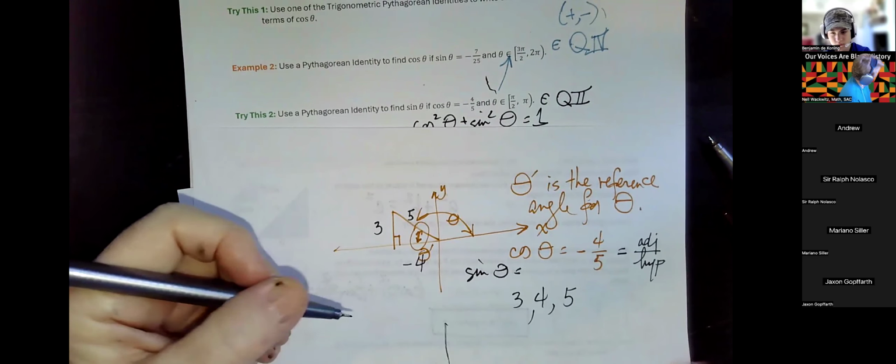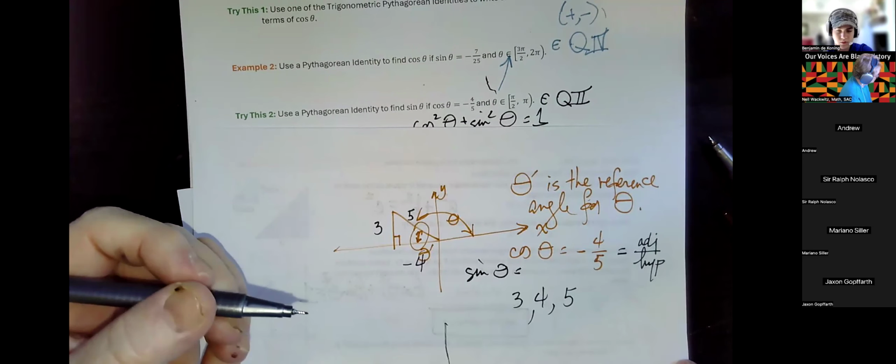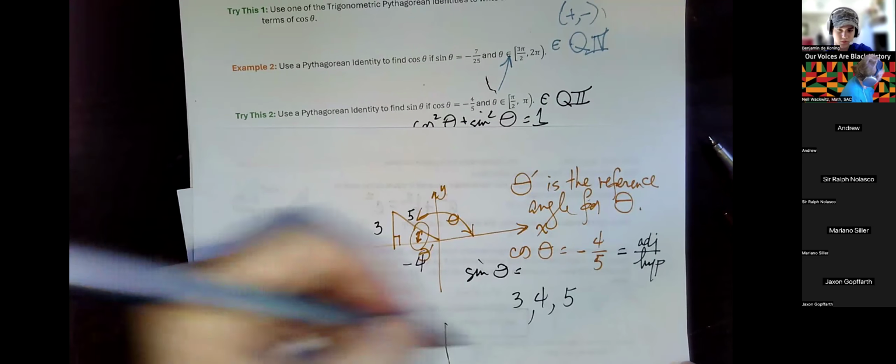So say it again. Opposite over hypotenuse. Okay, good. But also, unlike the Pythagorean identities, I now have all of the trig identities if I want them, because I've got the sides of a right triangle, all 3 sides.